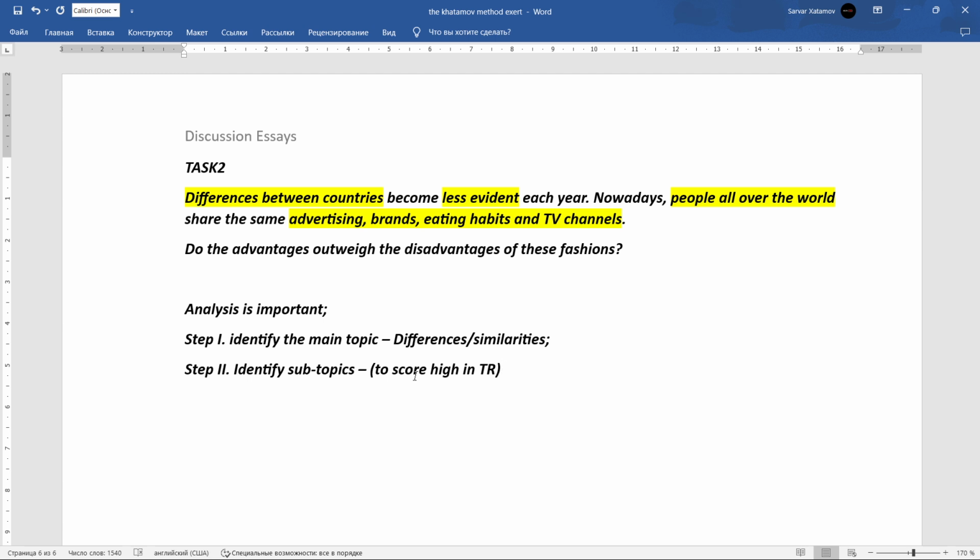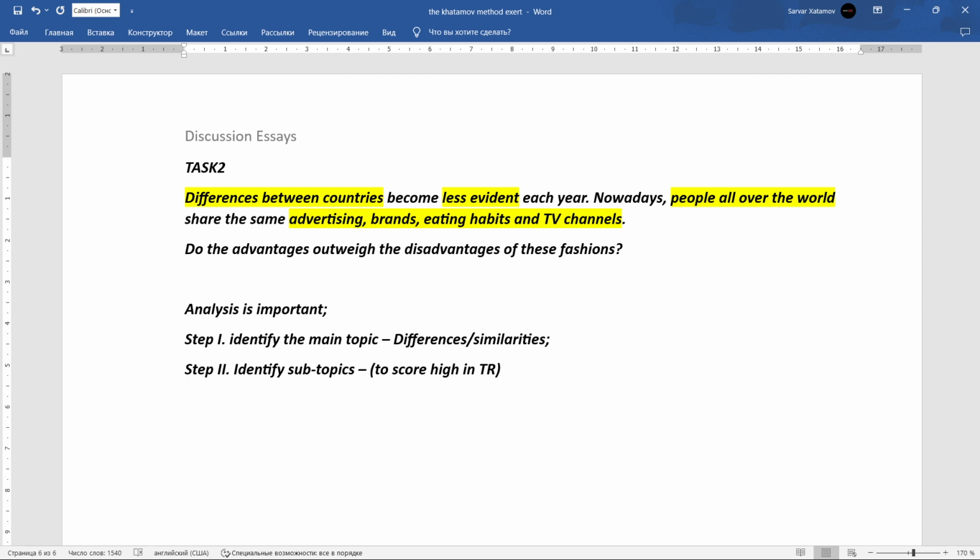Actually, I'm talking about band 8 and 9 for task response, because for 8 you have to fully address the question. For 9 you have to address the question in depth. In depth means you should include something that is not mentioned in the question, but something that is going to arise when you're talking about this question.